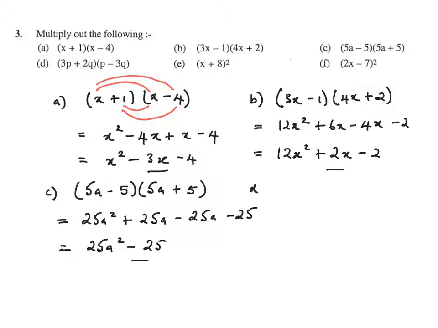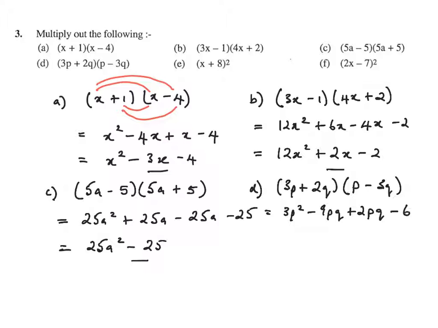Part D. So that's 3p squared minus 9pq plus 2pq minus 6q squared. Minus 9 plus 2 is minus 7pq minus 6q squared.